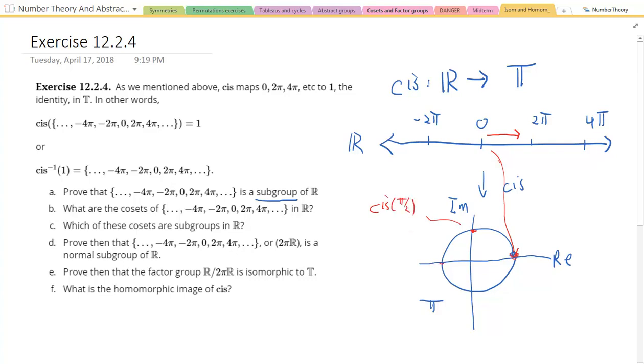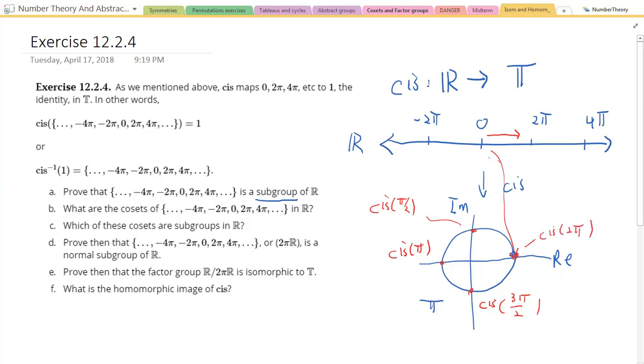And then this is cis of pi. Now, because there's no R, that means that R is 1, so you're always staying on the unit circle. This is cis of 3 pi over 2, because the angle or argument is 3 pi over 2. Then we go all the way around, and this is back to cis of 2 pi.